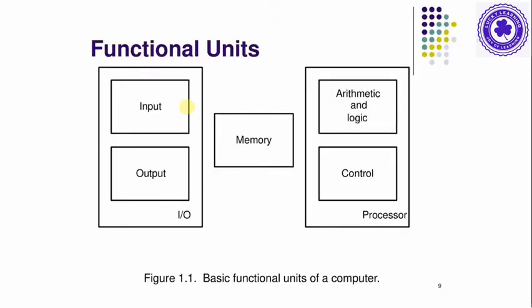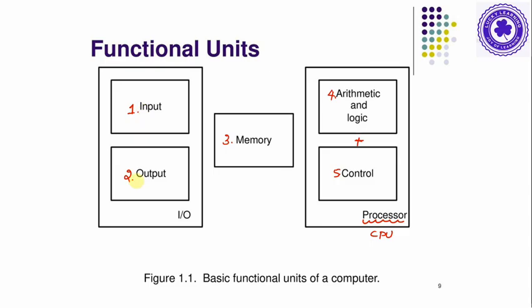Here, the functional units of a computer are input, output, memory, ALU (arithmetic and logic unit), and control unit. Here you can see the ALU and control unit together are called a processor. We call it the central processing unit.